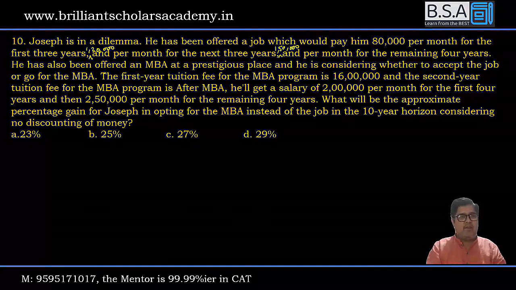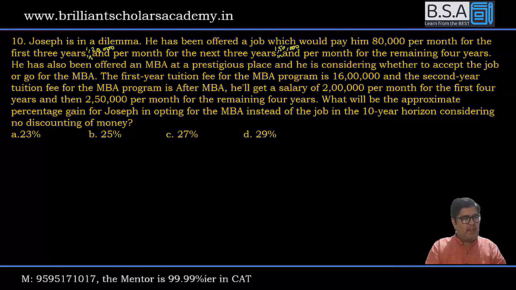He has been offered an MBA at a prestigious place and he is considering whether to accept the job or go for the MBA. The first year tuition fee for the MBA program is 16 lakh and second year tuition fee for the MBA program is 20 lakhs.